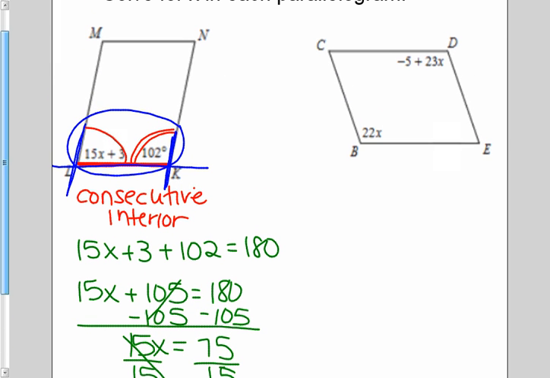Okay, so let's look at the second one. I have to solve for x for this one as well, but this time I don't have consecutive interior angles. These are actually corresponding angles.